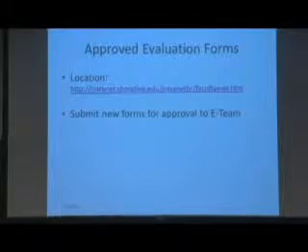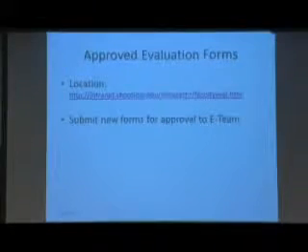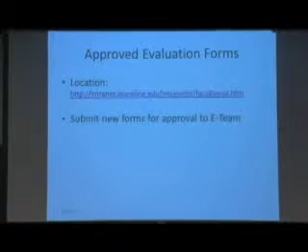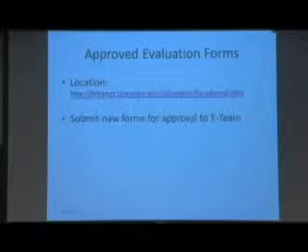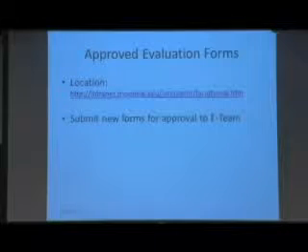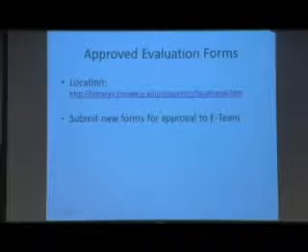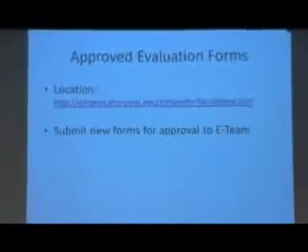And again, if you have new form ideas, which does occur, submit them to the E-team. If you can't agree on a plan within your team, there is a process for that, and it's just given to the E-team to help come up with a plan.